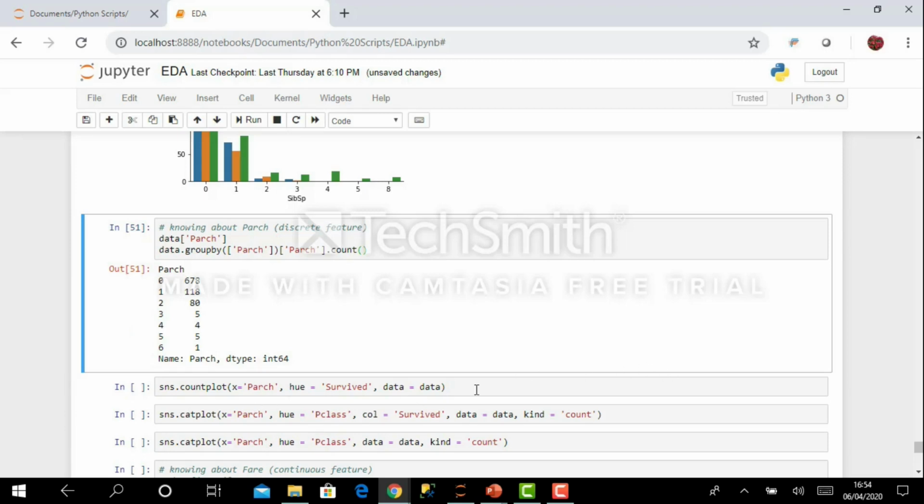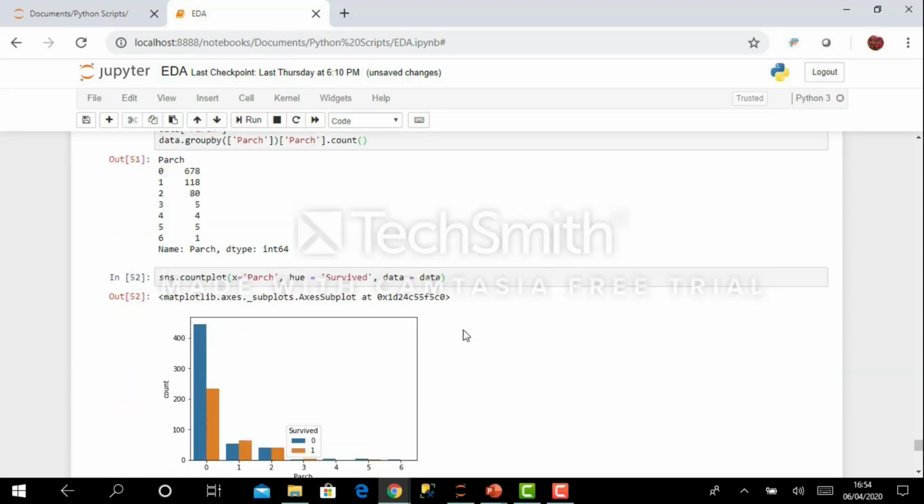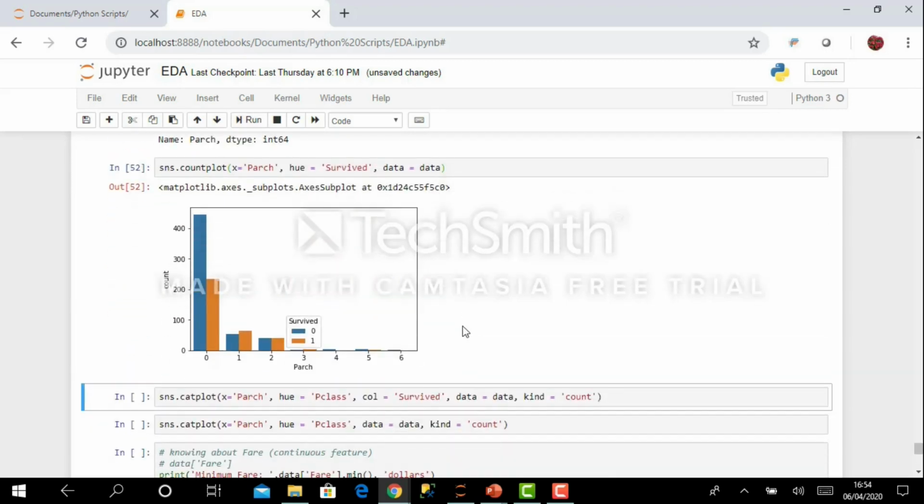Okay, so let us plot it again, similar to the number of siblings. If you plot, you can see that most of the passengers have zero parents, and of them most did not survive and some of them survived. Okay, then let us look at the relationship between class and number of parents, and how they survived, with different subplots for different survival.